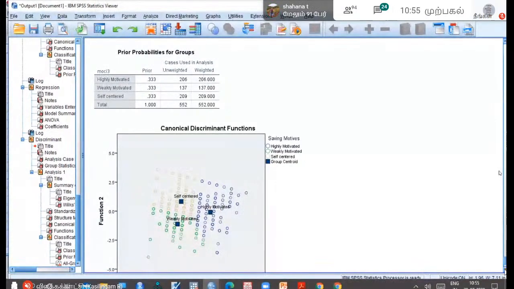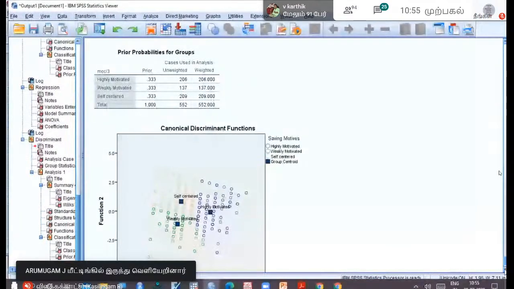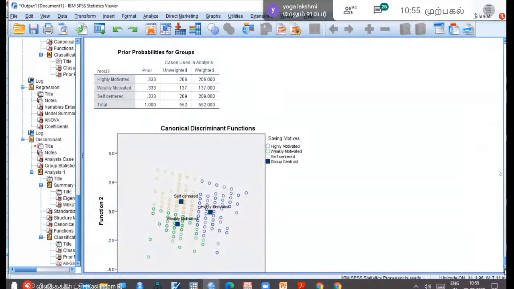Now we want to know which independent variable discriminates these three groups. Some people are highly satisfied, some people are low satisfied. What is the reason which has made them so? That is the cause, this variable leads to this distinction.